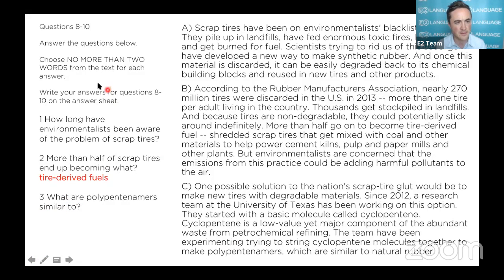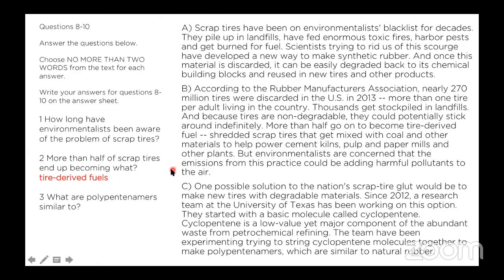All right, let's have a look at question number 2. Moza wants to see this, and so does Divya. Let's go through this one. More than half of scrap tires end up becoming what? Thousands get stockpiled in landfills. So we're looking for the more than half one. More than half go on to become, or in other words, end up becoming, tire-derived fuel.